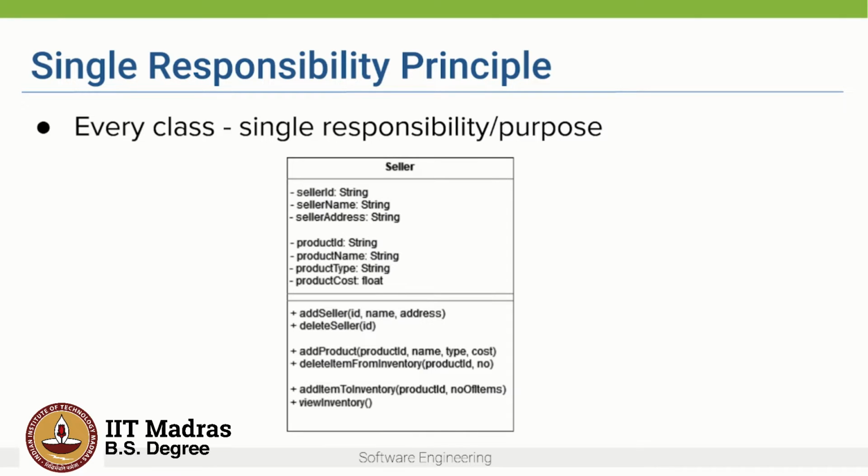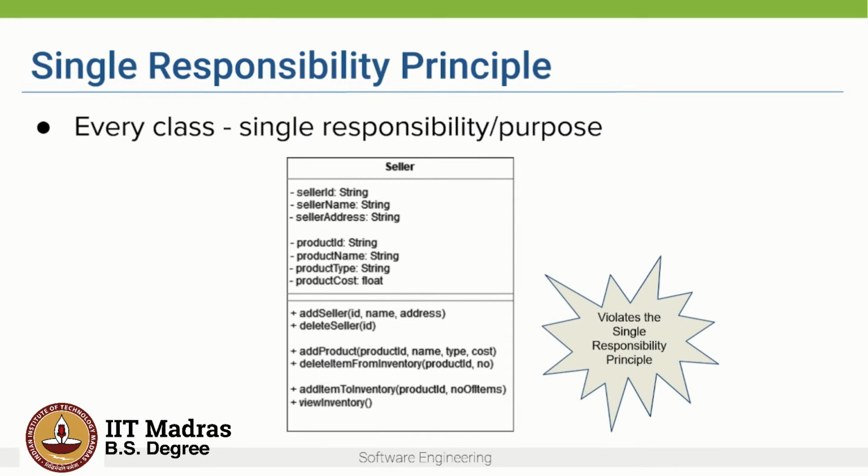As you would have noticed, this design violates the single responsibility principle, the reason being you have functions and attributes related to the seller, related to the product, and related to the inventory.